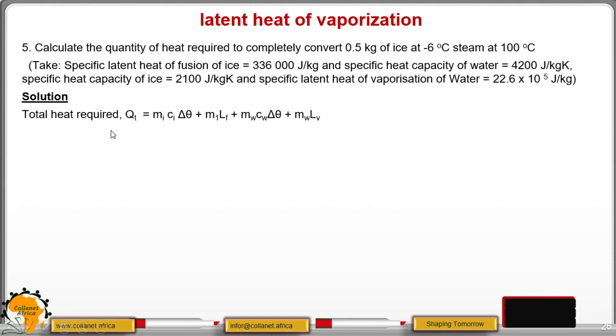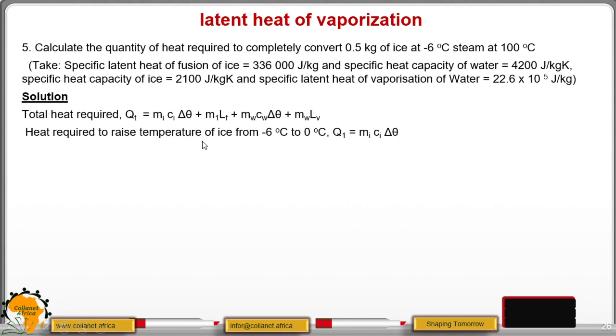We proceed as follows. The total heat required will be given by the heat required to raise the temperature of ice, the heat required to melt the ice, the heat required to raise the temperature of the melted ice, and the heat required during the process of vaporization.